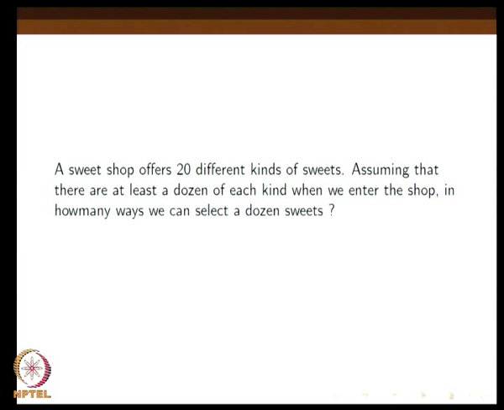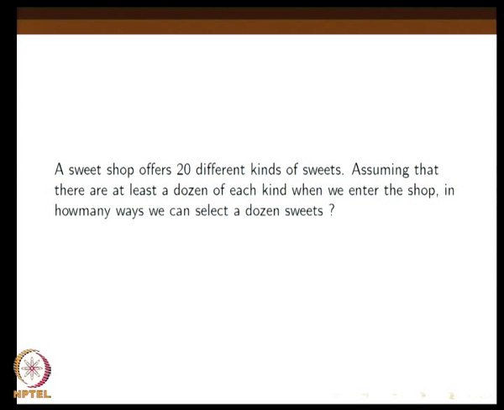See, the thing is, there are 20 different varieties of sweets. Here, instead of buying pens, we are buying sweets, but we have to buy a dozen, that means 12 sweets.